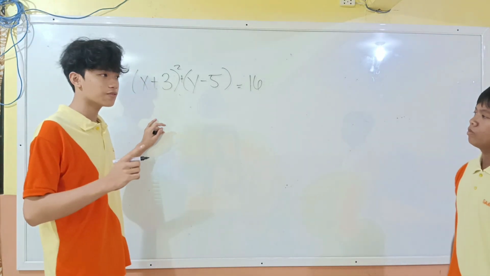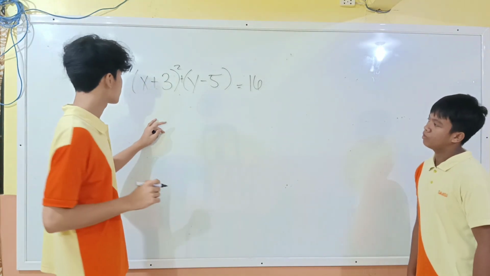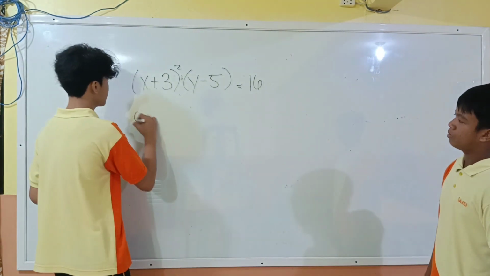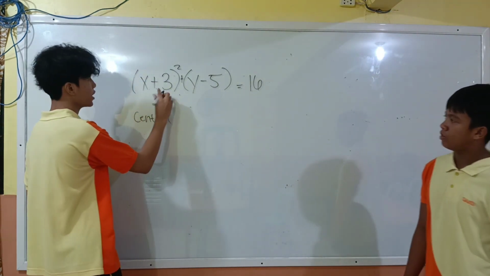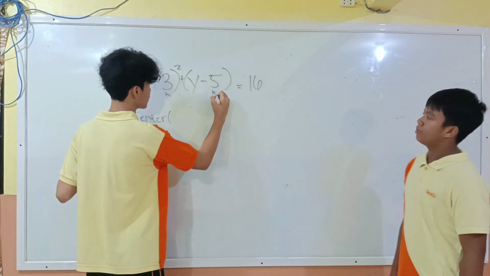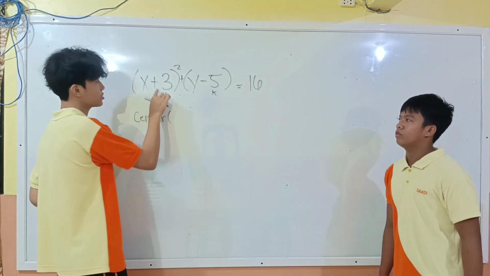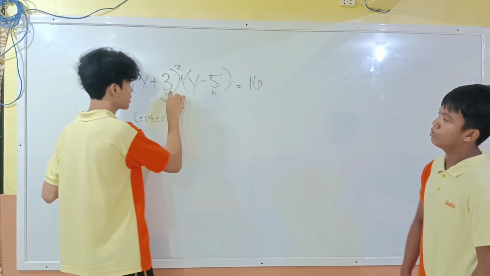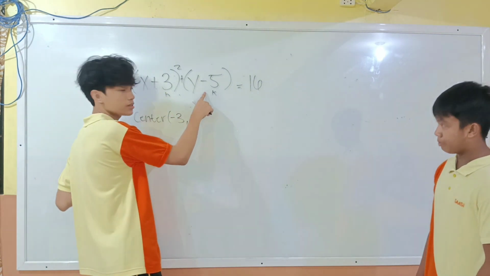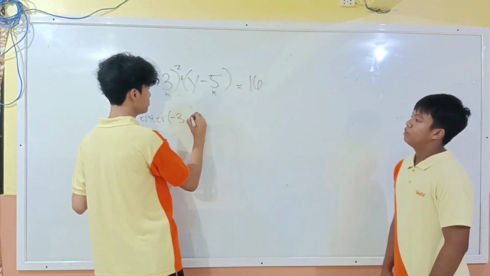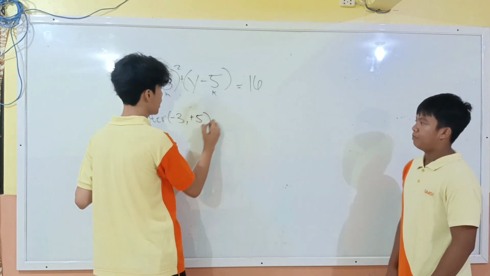So to graph, we first need the center and the radius. So our center is, remember, this is our h and this is our k. So our h is change the sign, then get the value. We will get negative 3. And then change the sign, then get the value, positive 5.